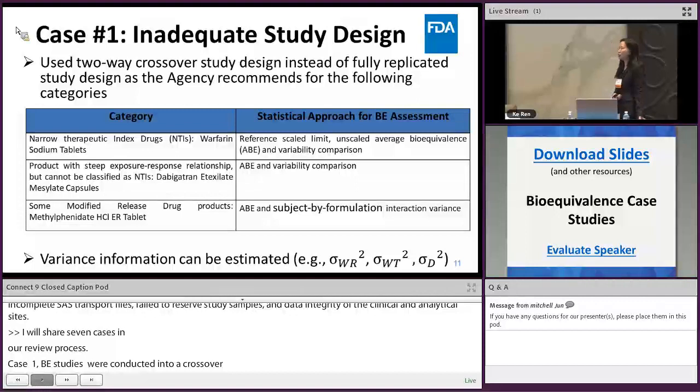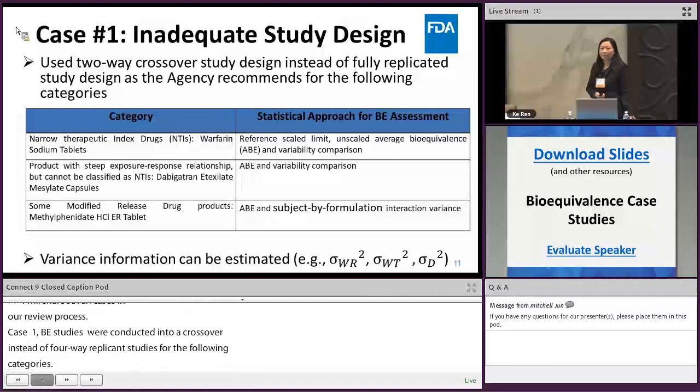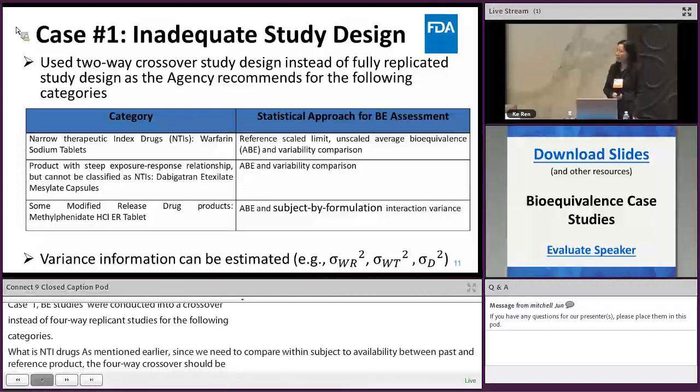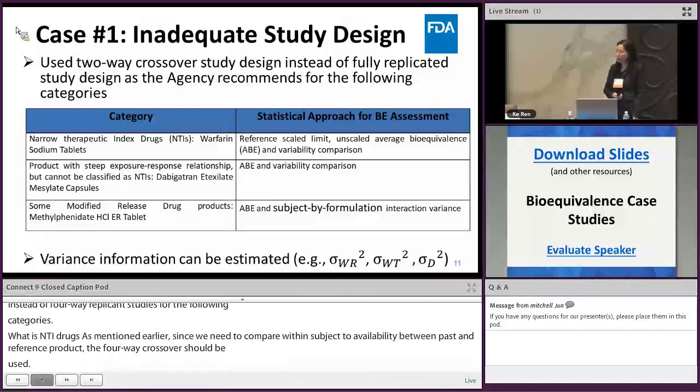As mentioned earlier, since we need to compare within-subject variability between the test and the reference product, a 4-way crossover should be used in BE studies. 2, drugs like dabigatran capsules, which have demonstrated a steep exposure-response relationship for both safety and efficacy.